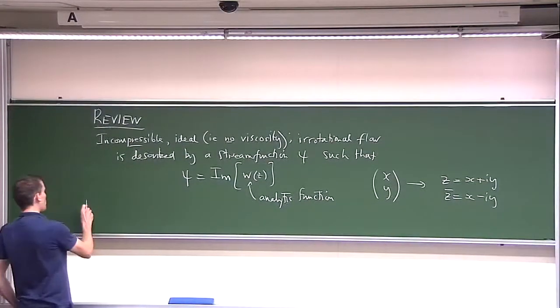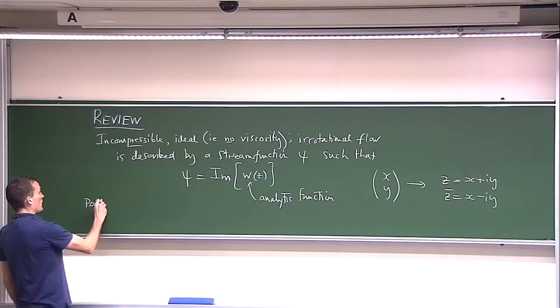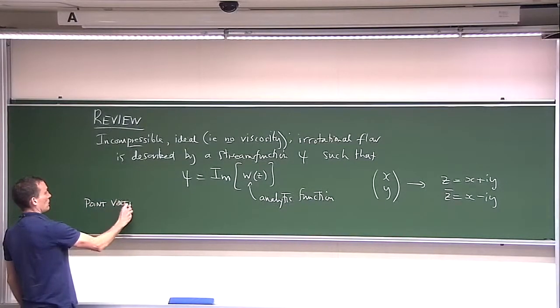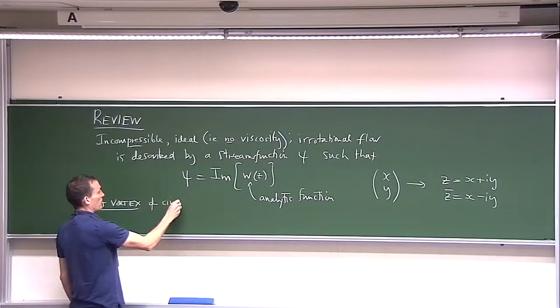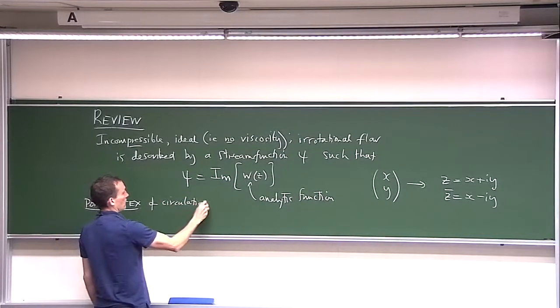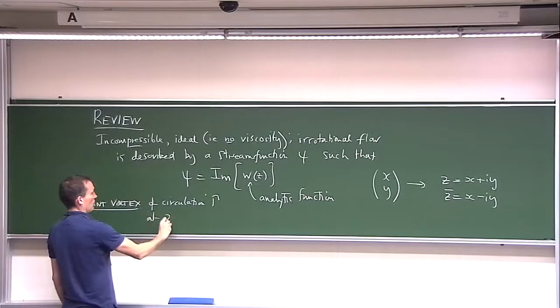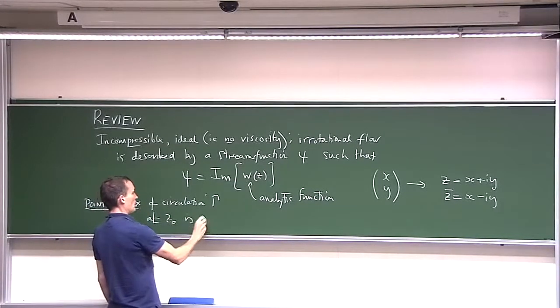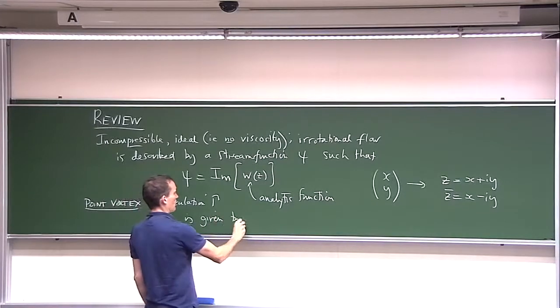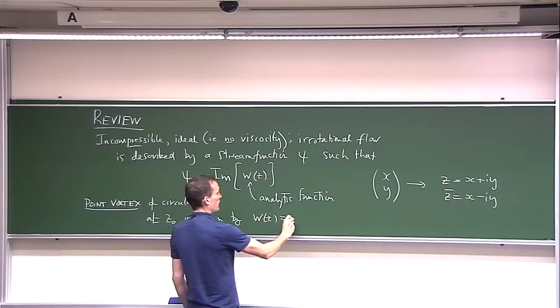And then something else we showed was a point vortex of circulation gamma, say, at Z0 is given by this complex potential.